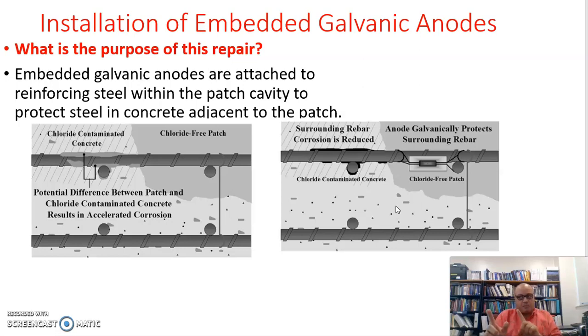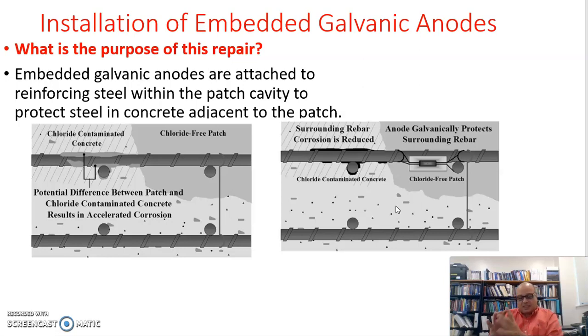High alkalinity is something good for the concrete that is protecting the steel reinforcement. High corrosion is something that we'd like to get rid of or avoid. So this type of anode provides improved protection for the reinforcing steel.